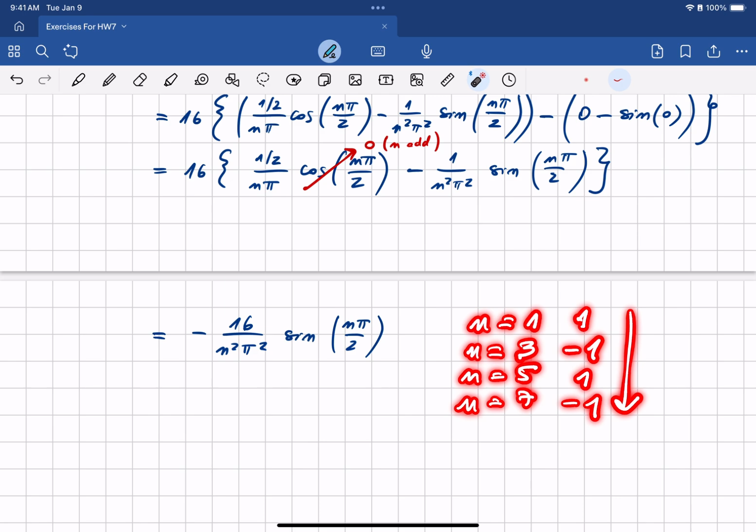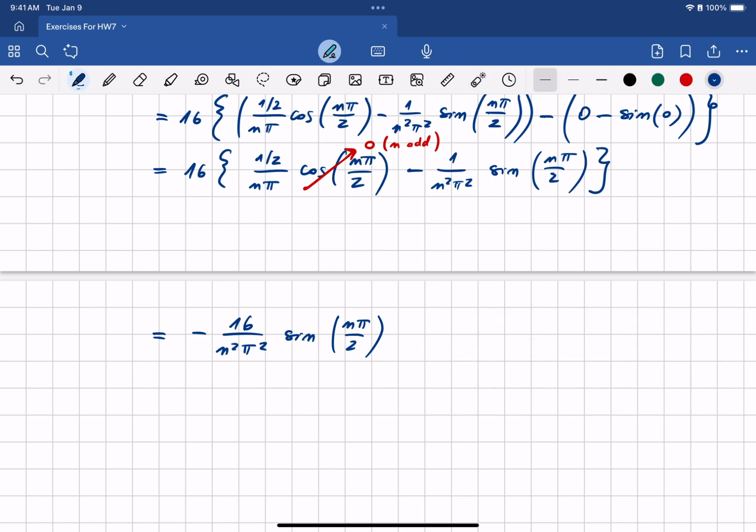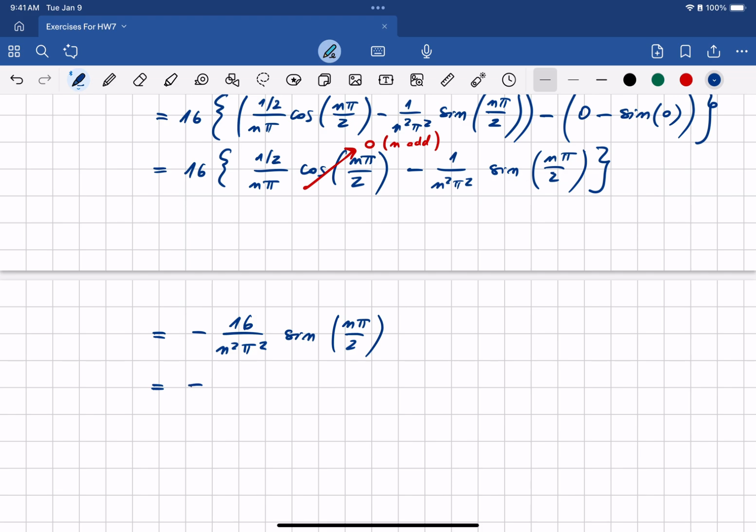So we can actually rewrite this sine of n pi over 2 using powers of minus 1. So again, this is completely optional. If your solution is up to here, that's completely fine. So this is the equivalent way to write it down in terms of powers of minus 1.